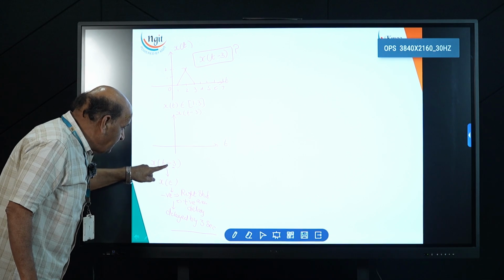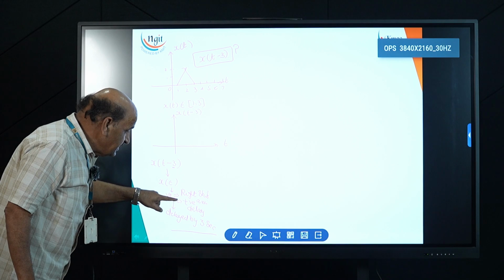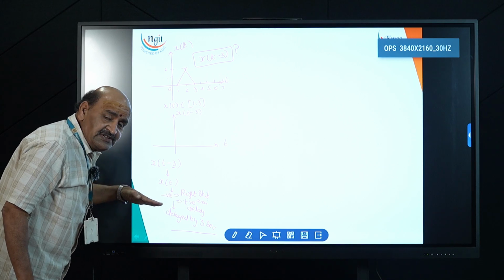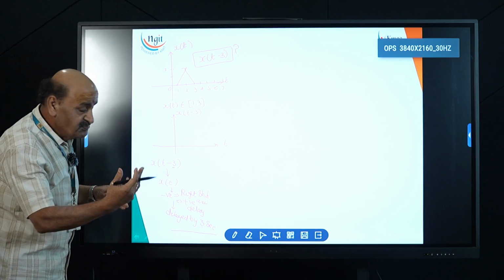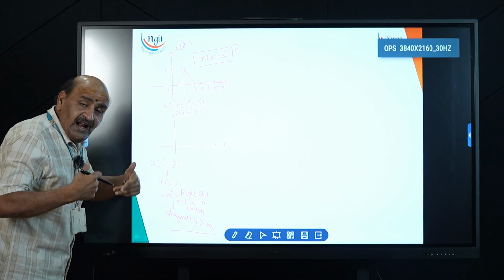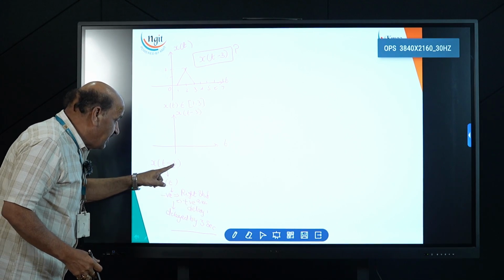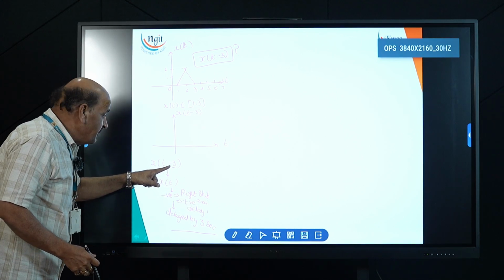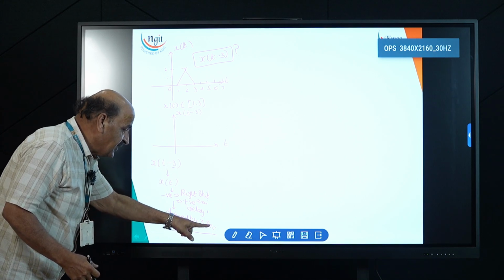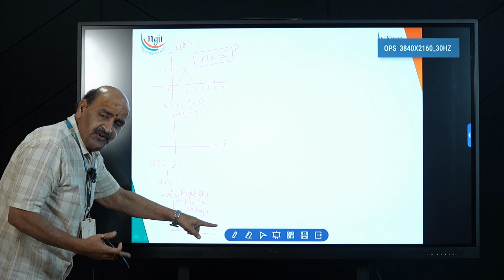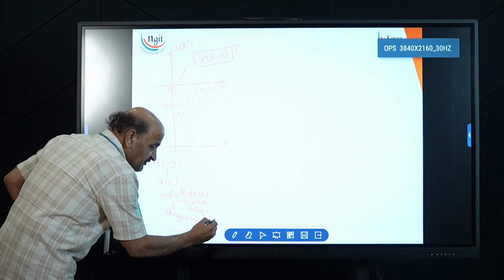The negative means towards positive axis. Towards positive axis means right shifting. Right shifting always means delay. How many units, hours or seconds or minutes, was the delay? 3. Therefore, delayed by 3 units of time.